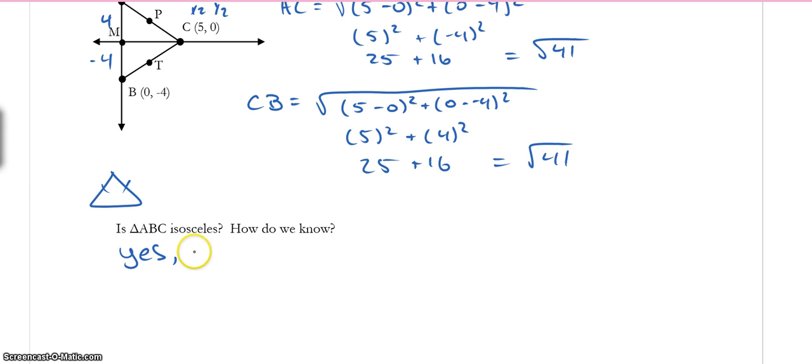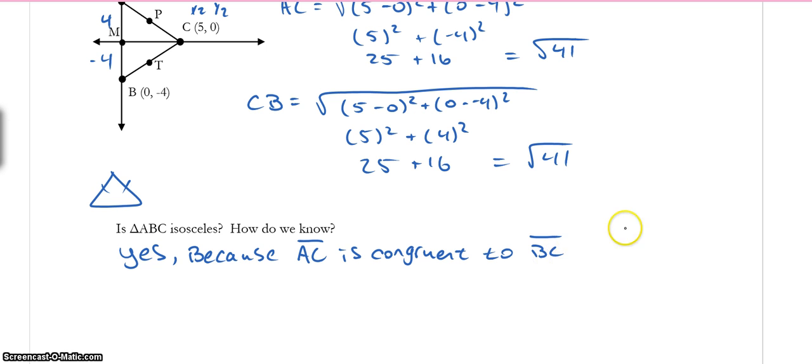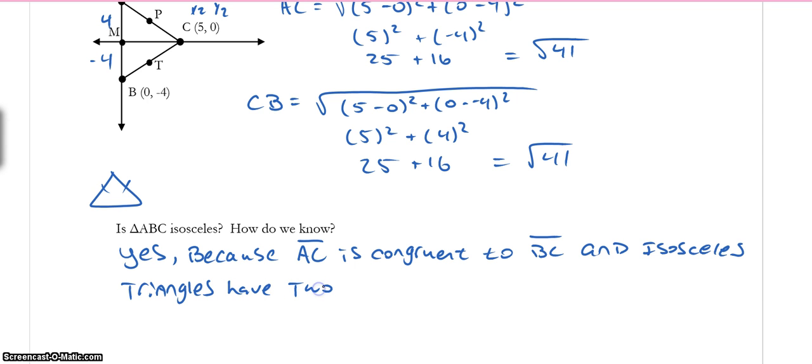Yes, because segment AC is congruent to segment BC, and isosceles triangles have two congruent sides.